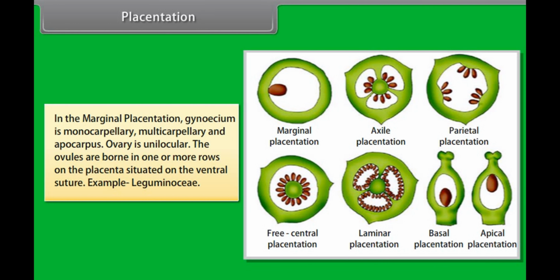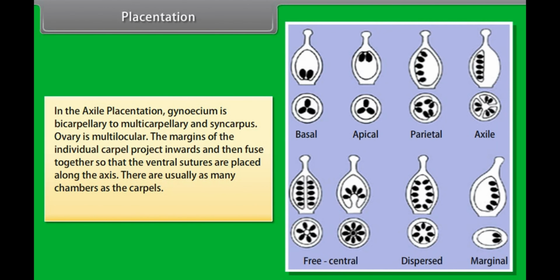In the marginal placentation, gynoecium is monocarpellary and apocarpous. Ovary is unilocular. The ovules are borne in one or more rows on the placenta situated on the ventral suture. Example, Leguminosae.